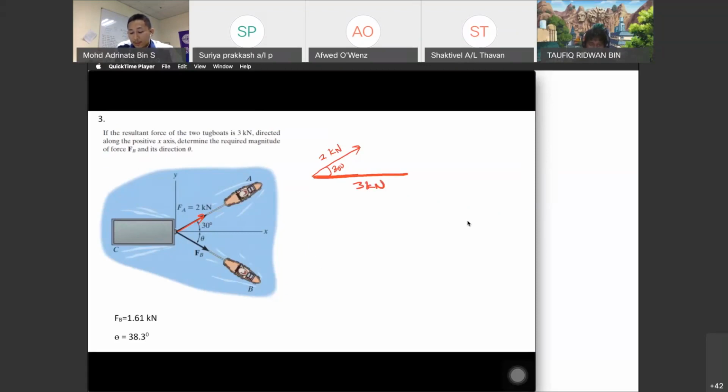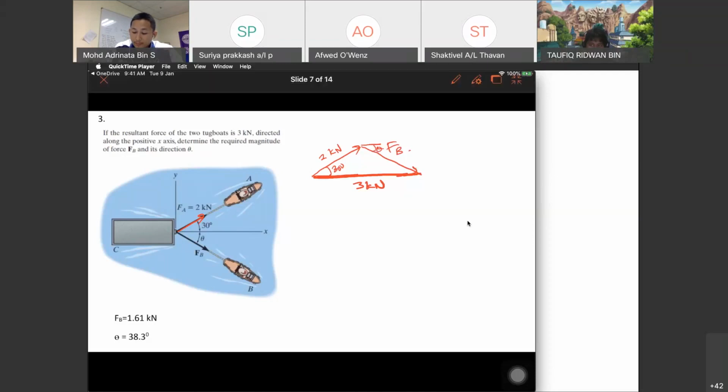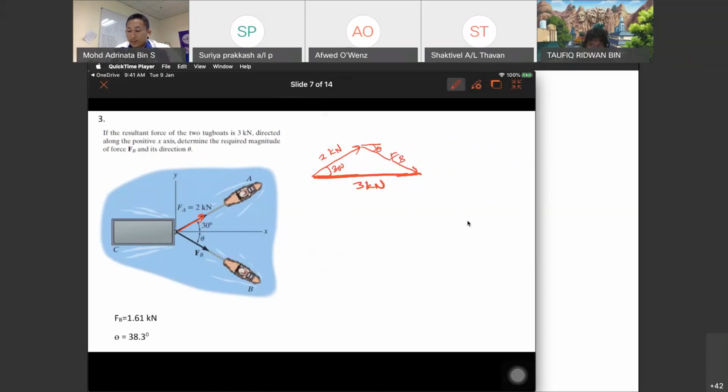What we need to find is this one, our FB, with this theta. So this is theta, FB, 3 kilonewton, 30 degrees.